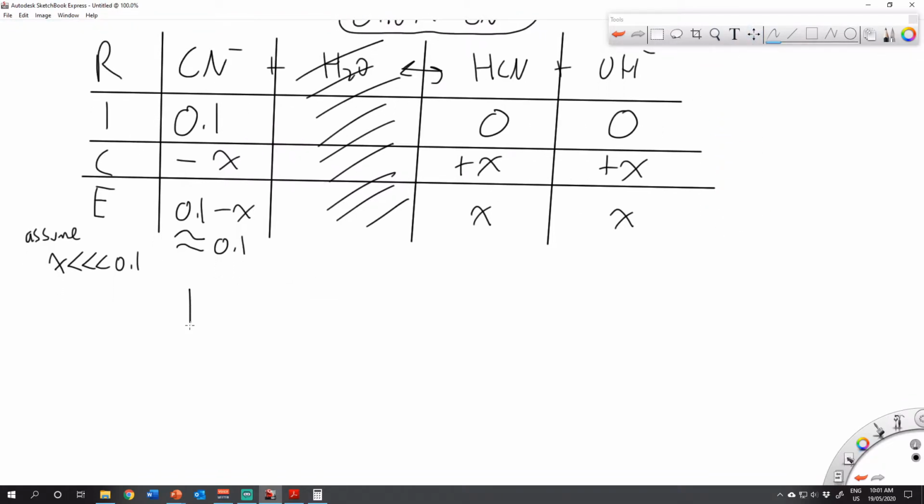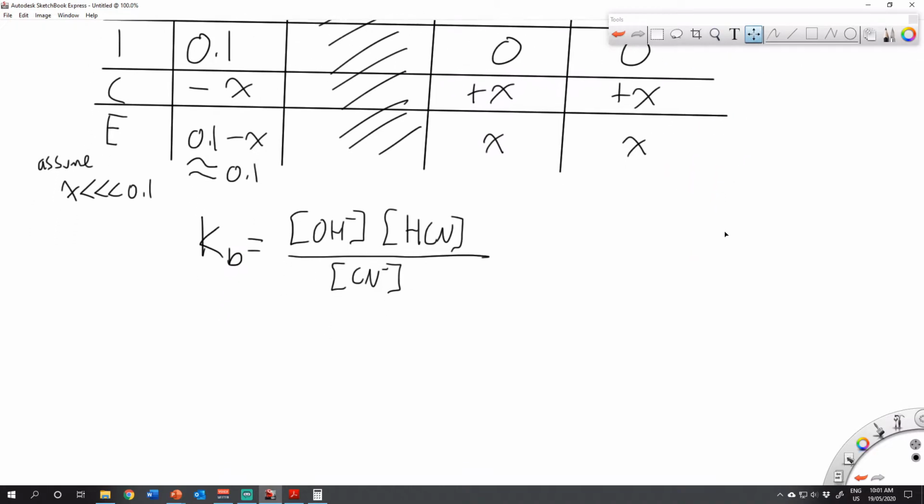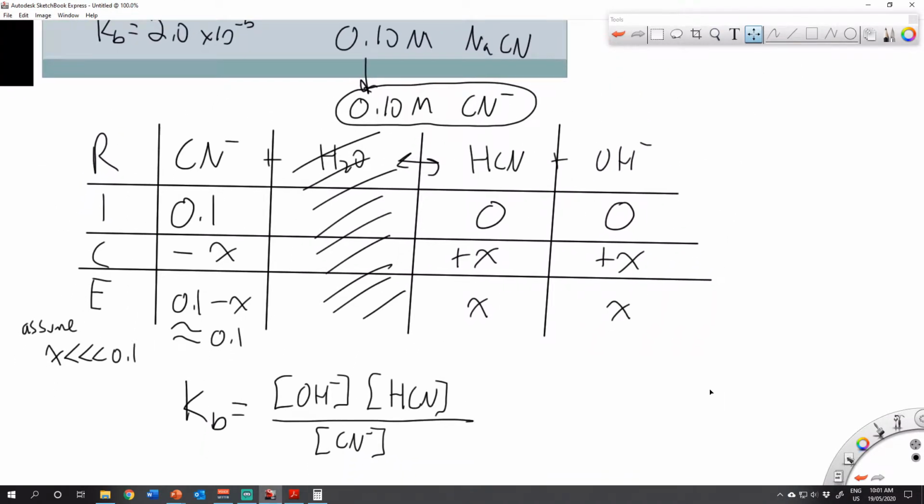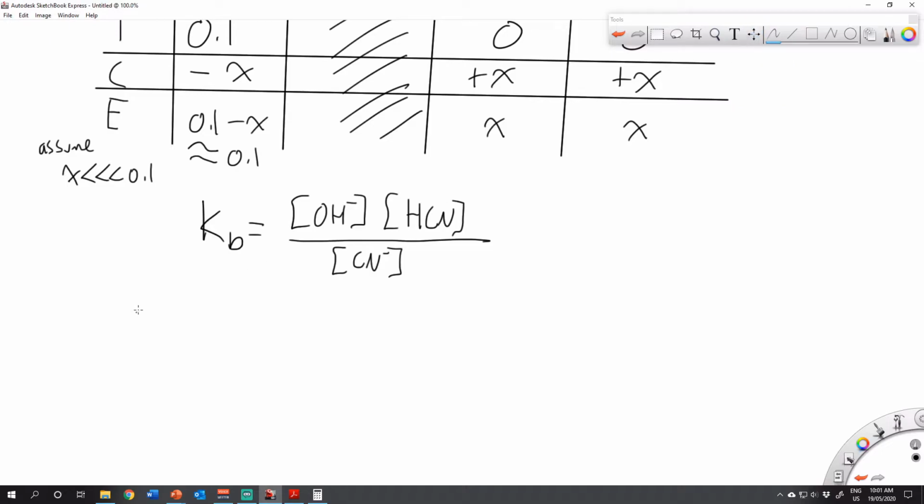Because if you recall, Kb is really just the concentration of the products divided by the concentration of the reactants. Our Kb value was 2.0 times 10 to the negative 5.